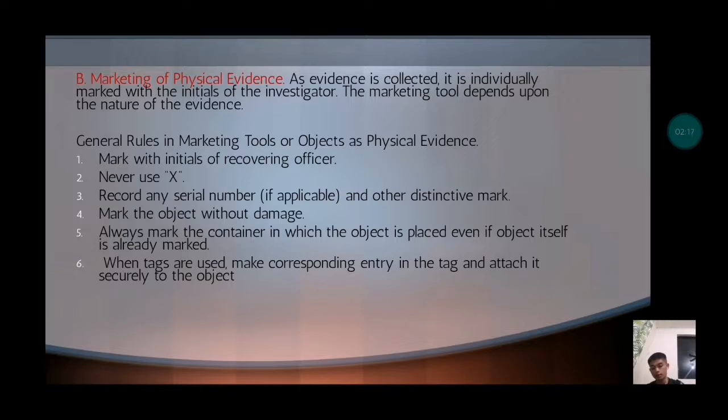Number four, mark the object without damage. Number five, always mark the container in which the object is placed even if the object itself is already marked. Number six, when tags are used, make a corresponding entry in the tag and attach it securely to the object.